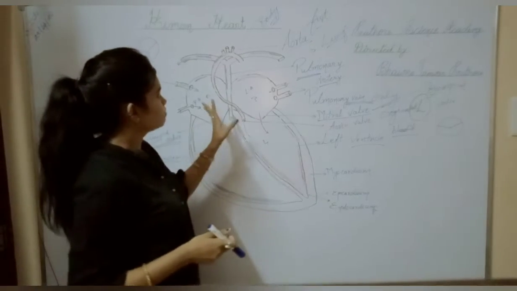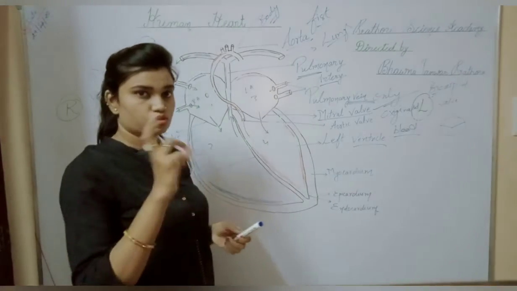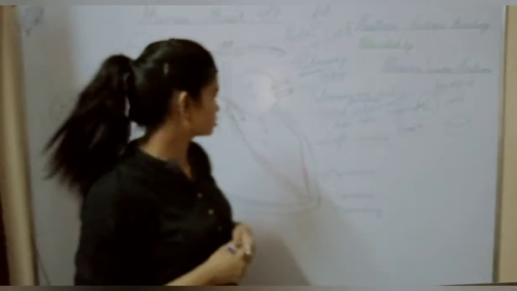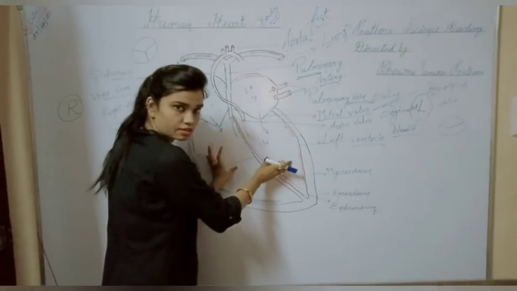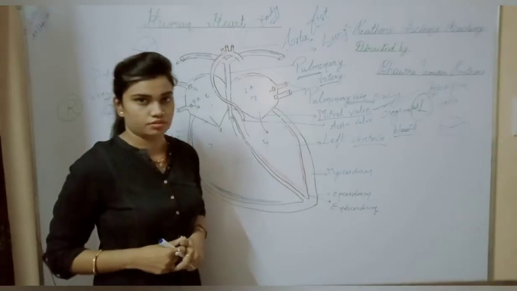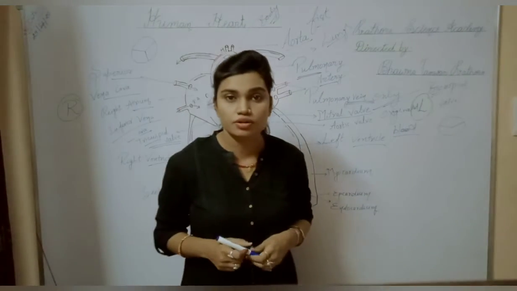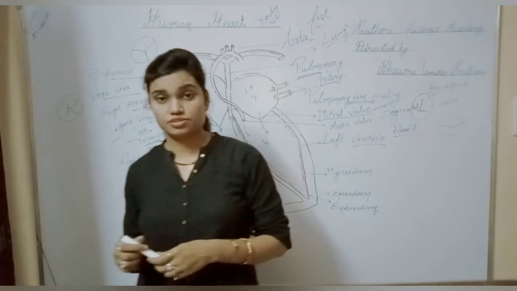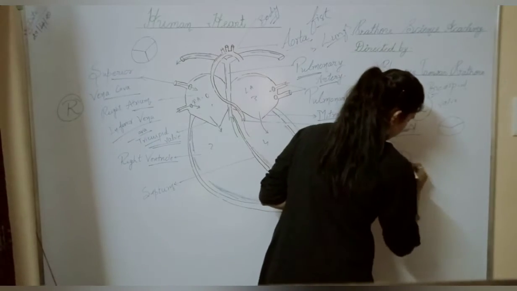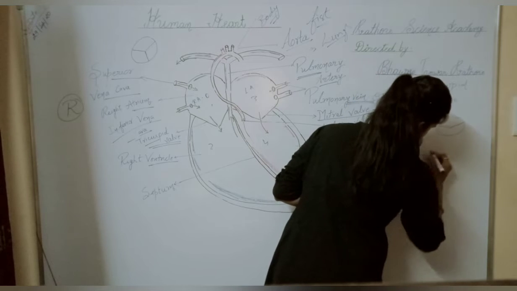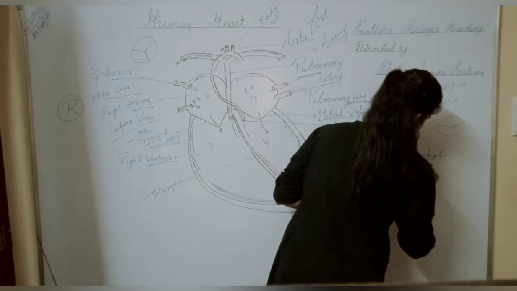Now see, when we supply all the blood to the organs, what happens? Two times contraction and relaxation occur. Here they will relax, so blood will come this side. This relaxation of the heart is known as diastole. You have to remember the word diastole.